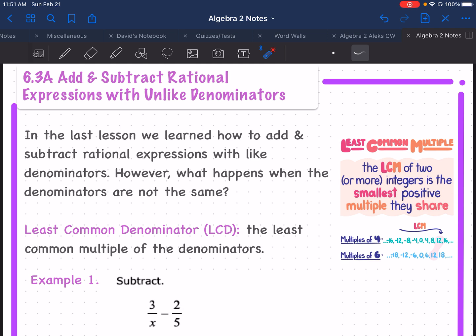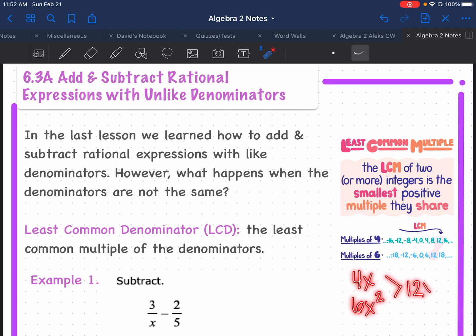If you have variables in your denominator, for your least common multiple, then you're going to take the biggest exponent you see on your variables. So if we had 4x and 6x squared, I would still have my least common multiple of 12, the 2 that they share, times the 2 from the 4, times the 3 from the 6.